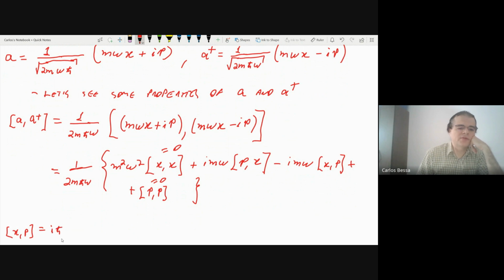In fact, you should have here the identity matrix, right? But we use this simple notation. And the other, px, will be just the sign, minus i h bar.